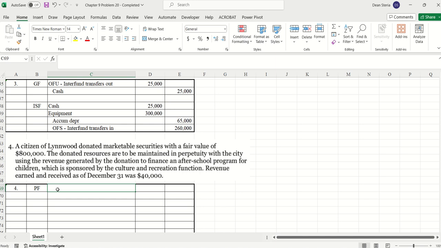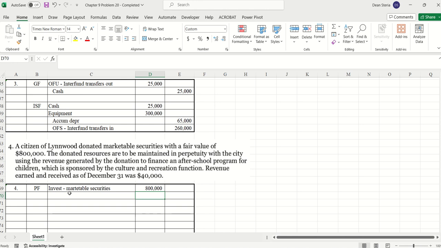Okay, so that's going to be the investments of marketable securities for $800,000. Okay, and that $800,000 is going to remain in that fund. The only thing we're going to spend out of that fund is the interest that was earned on those securities.